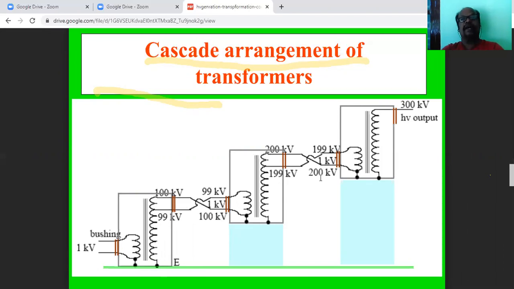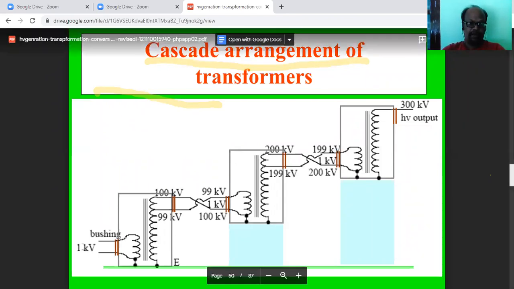Likewise, if I arrange the transformers in a cascaded arrangement, this is how normally high voltage is obtained in a ship. Say, for example, I want to have 6.6 kV, where I have only a 450 volt alternator. By means of three or four transformers in alignment, I can get 6.6 kV.